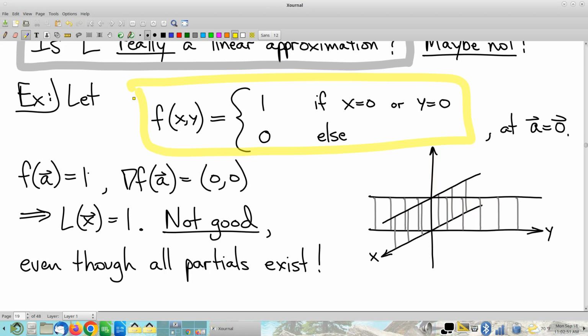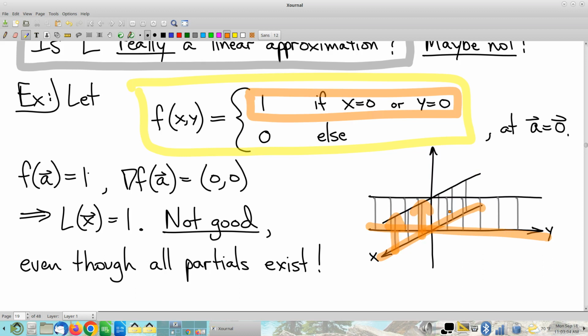So in particular, now I can draw a picture of this. 1 if either x or y is 0 means above the axes, the value of the function is 1. So it's lifted 1 above the xy plane, if you will. And everywhere else, the value of the function is 0.